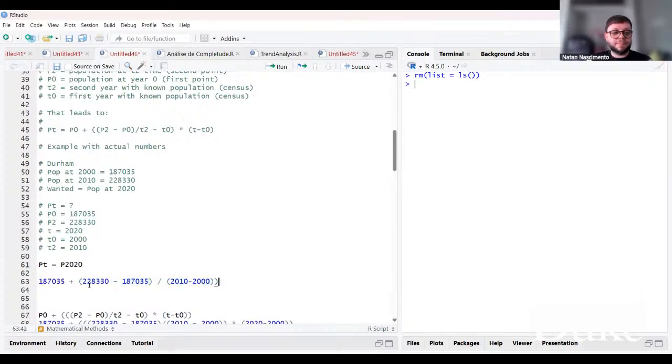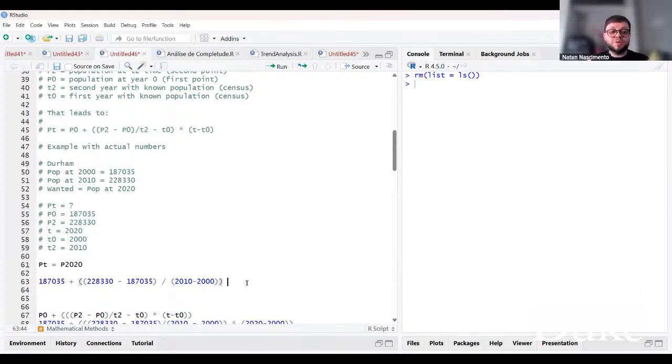So what it's doing here is creating a coefficient based on past trends. And this is linear. You can see that I'm just using the same data points: the population at 2010, the population at 2000, divided by the difference between 2010 and 2000.